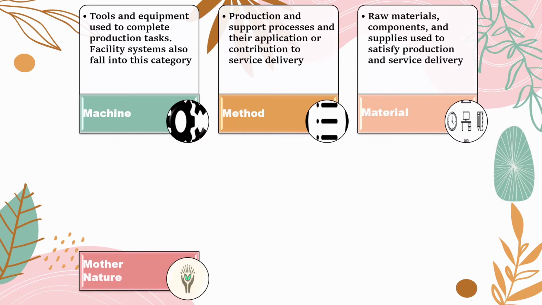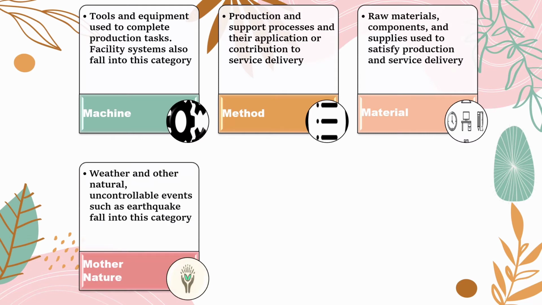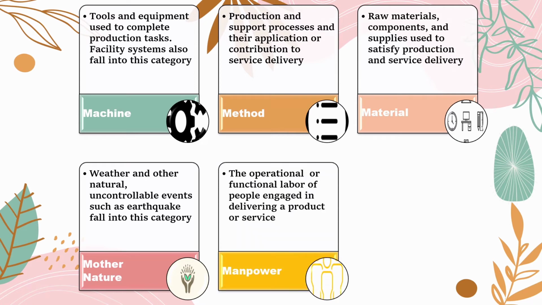Next is mother nature. Weather and other uncontrollable natural events such as earthquakes fall into this category. Next is manpower. The operational or functional level of people engaged in delivering a product or service can be categorized into manpower.